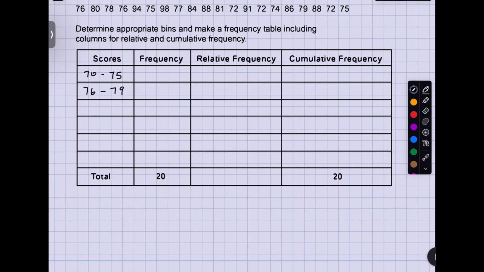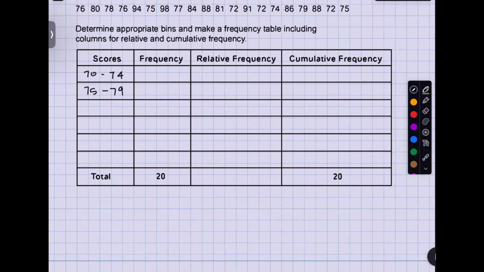Is that what you're saying? I'm more so saying 70 to 74, 75 to 79, 80 to 84, 85 to 89. So if you guys notice, what I just wrote on there would be wrong because the number of numbers in the score would be inconsistent. Is that correct? Does that make sense?